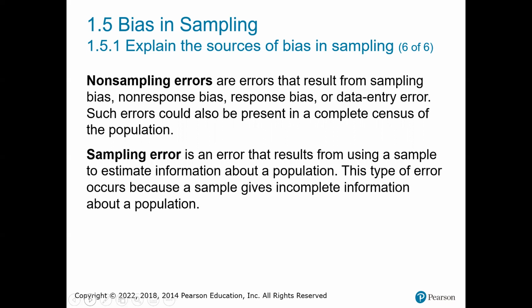With response bias, it doesn't have anything to do with how I sampled, but my answers can still be wrong. Sampling errors are errors that result from using a sample to estimate information about a population. This type of error occurs because a sample gives incomplete information about the population.